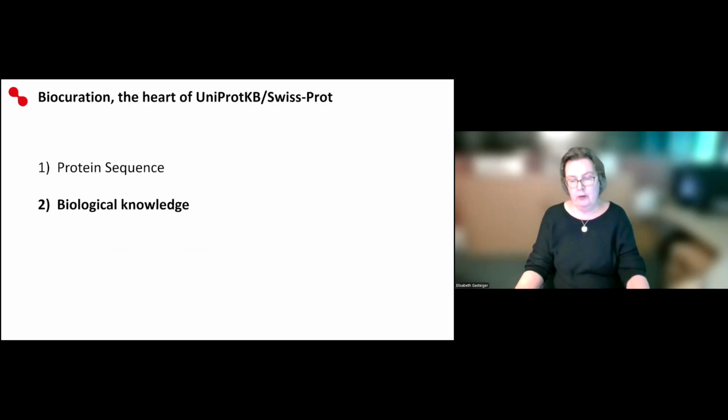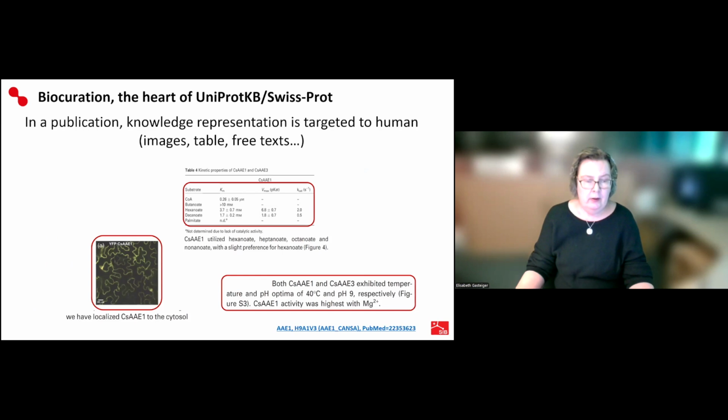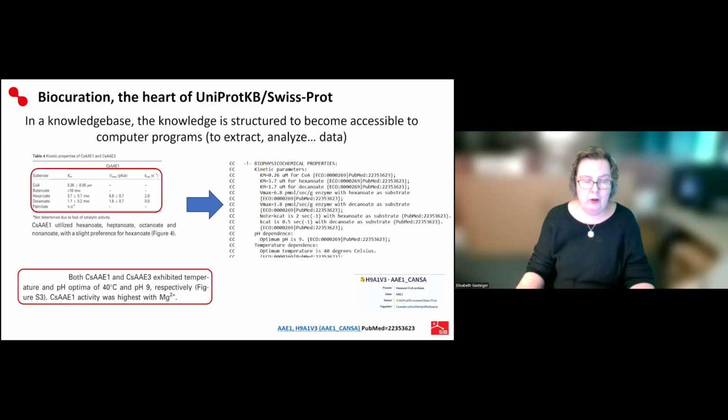Now let's look at how our expert curators assemble biological knowledge once they have the sequence. They look at the publication, where knowledge representation is usually targeted to the human reader in form of images, tables, free text, figures. Now the job is to structure the data to make it accessible to computer programs, which can then extract and analyze the data.